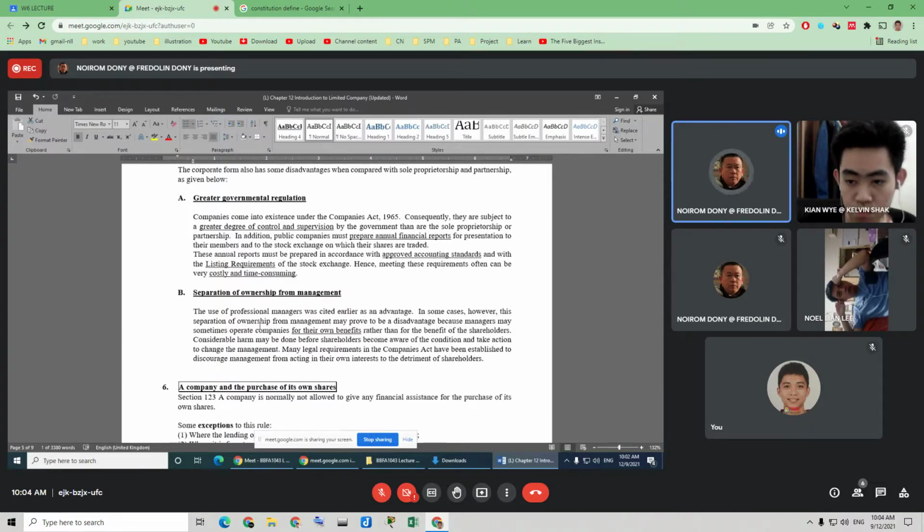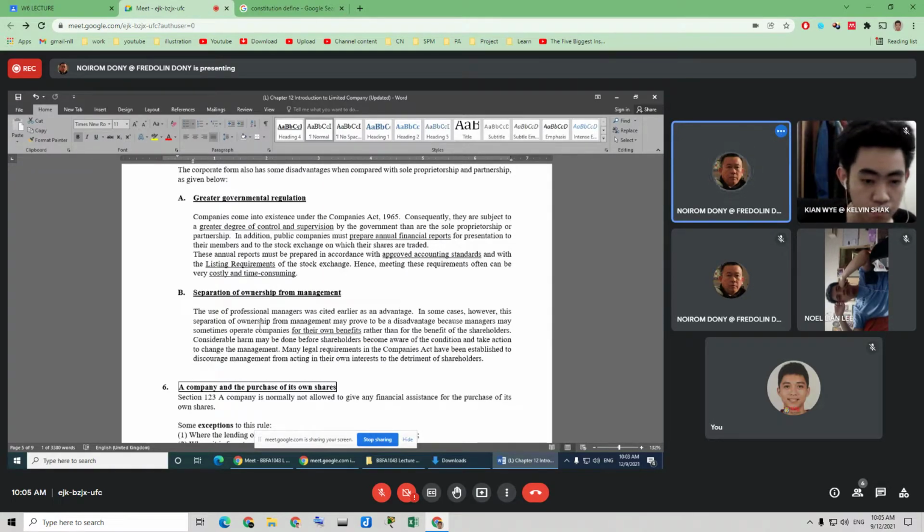Own benefit, meaning because they are in the position to decide, to make decision. So let's say if the decision, they have a personal interest on it, so they will favor their personal interests rather than the profit maximization of the shareholders.